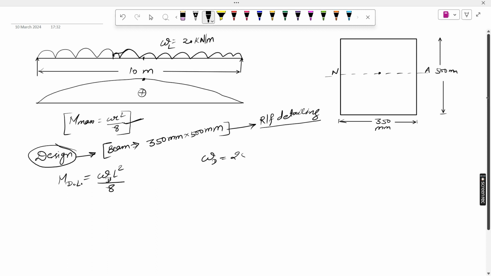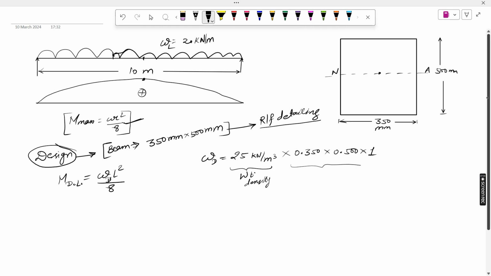You can get it easily, you just have to multiply by 25 and the size. The size is 350, so I put it in meters, and for 1 meter. This 25 is the weight density of concrete.